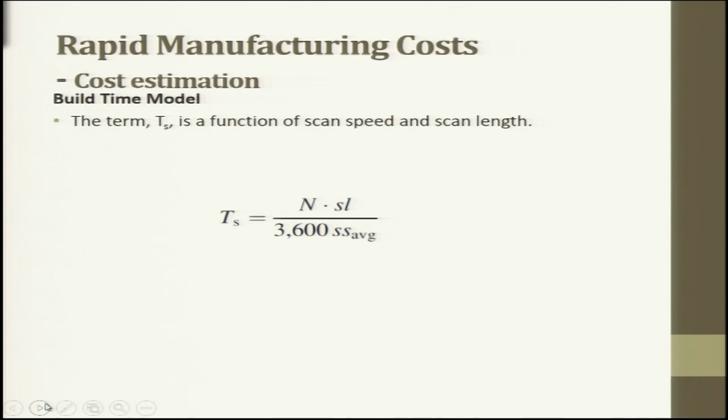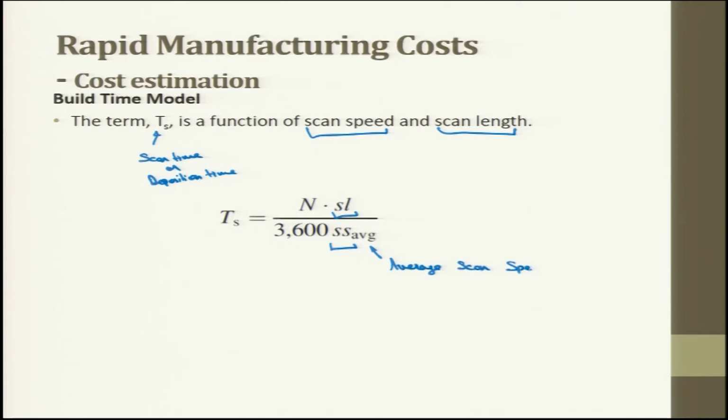TS is the scan time or deposition time. This is a function of scan speed and scan length. So, this is scan speed, this is scan length, SL is scan length, SS average is the average scan speed, which is a function of scan speed in x direction and scan speed in y direction.